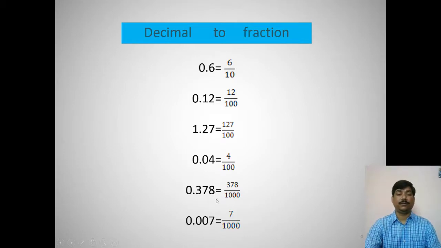How many digits? 3, so we write 3 zeros. Similarly in this case, we convert the decimal to a fraction by this method. First we remove the decimal, write the whole number as the numerator, write 1 in the denominator and add zeros, equal to the number of digits after the decimal place.